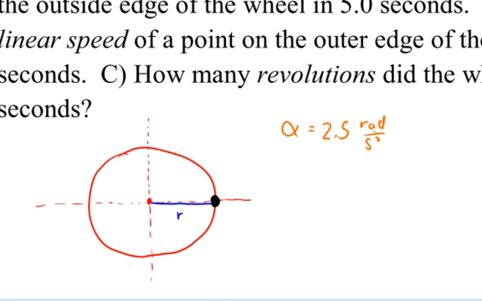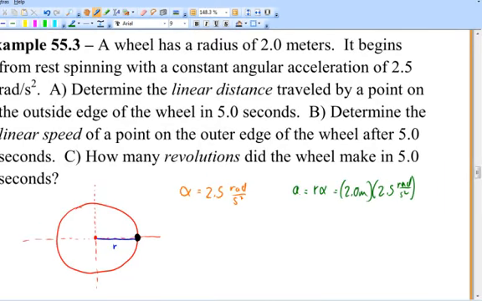Well, there are several ways you could approach this. You could say that the linear acceleration a is going to be the angular acceleration alpha times r. So this tangential acceleration is going to be 5 meters per second squared.